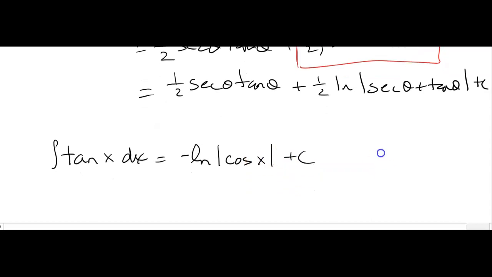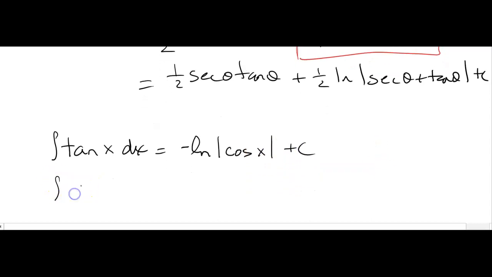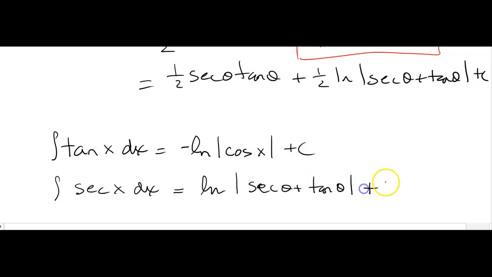All right. Another one we did is the integral of secant x. And the integral of secant x, which we just did a whole bunch of times, is ln of secant theta plus tan theta plus c. And these are pretty important.